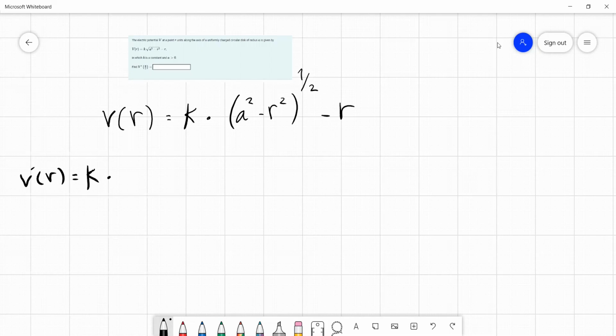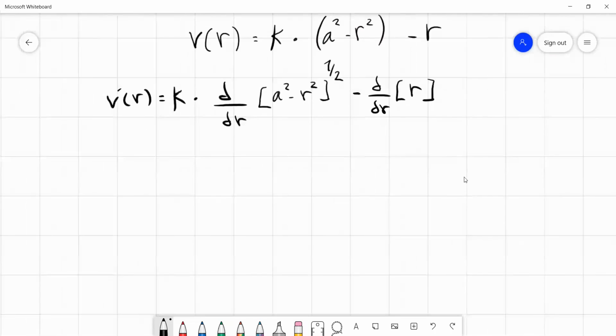It's a constant, times the expression a squared minus r squared, which does have an r in it, so we are going to take the derivative of this expression with respect to r, to the power of half, minus, hey, we see another r, so we need to take the derivative of this as well. So we are getting prepared to take the derivative of r as well.